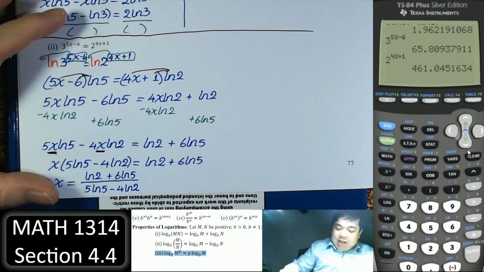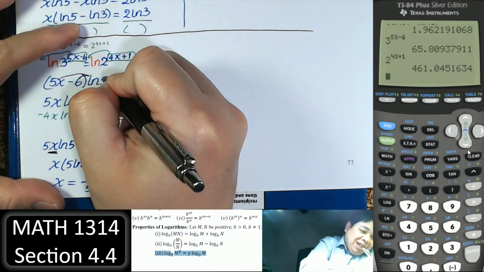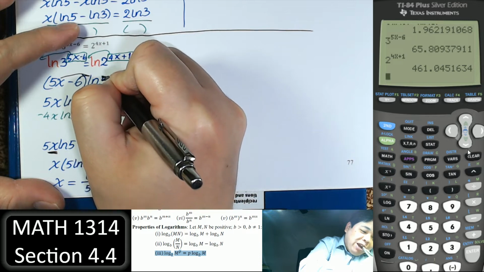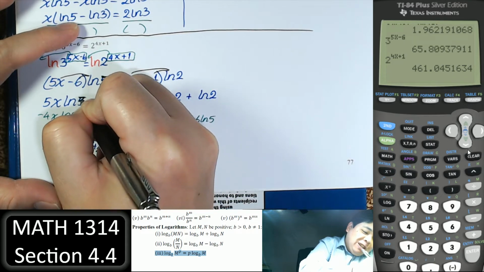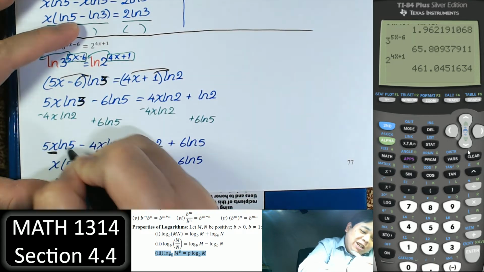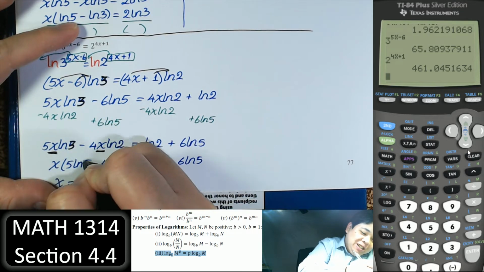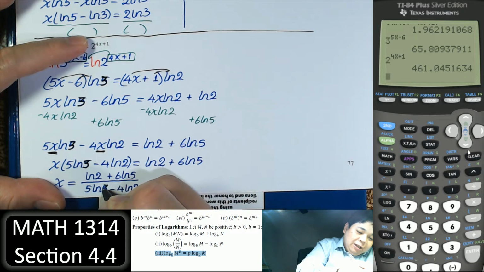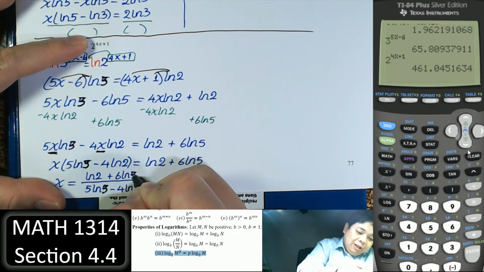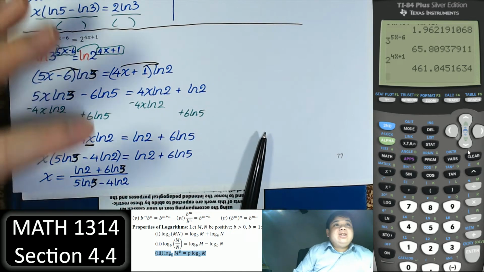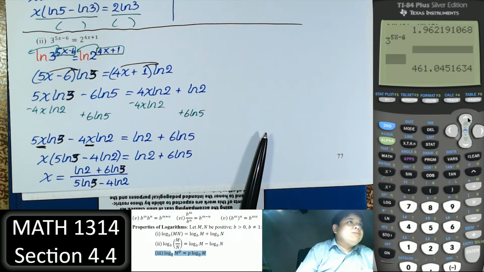Yeah, this is the obvious typo, sorry. For some weird reason I wrote ln of 5. Should be ln of 3. Right, that's why we check the answer, right? Right, let's try this again.